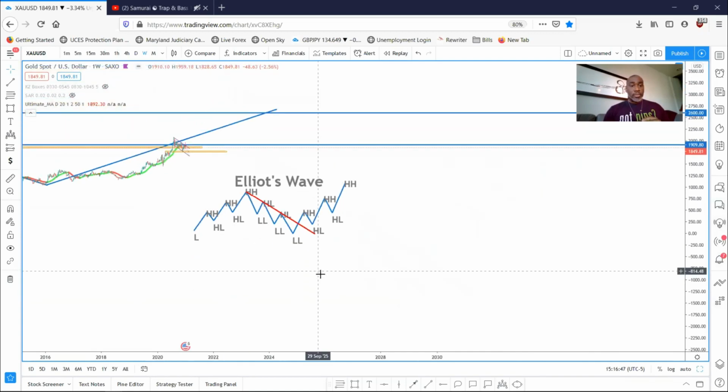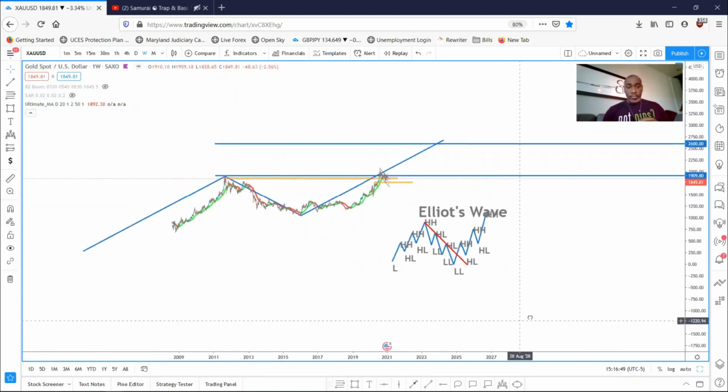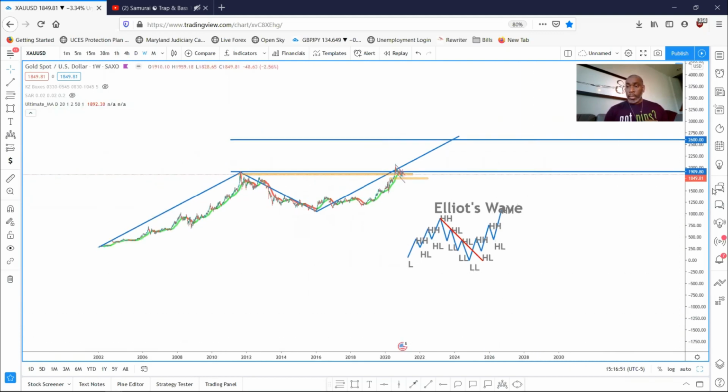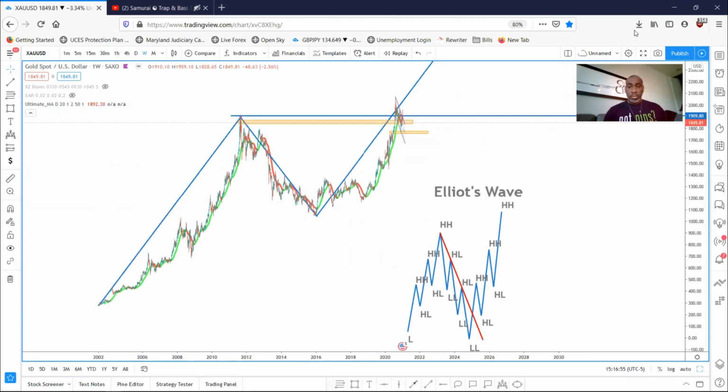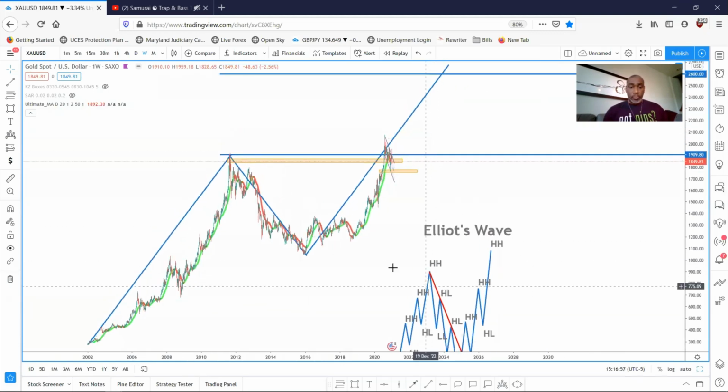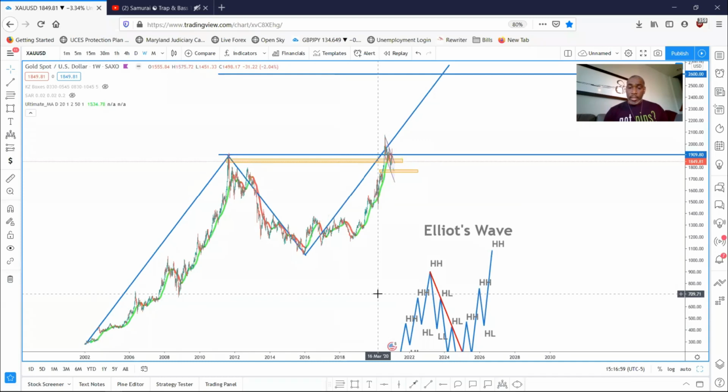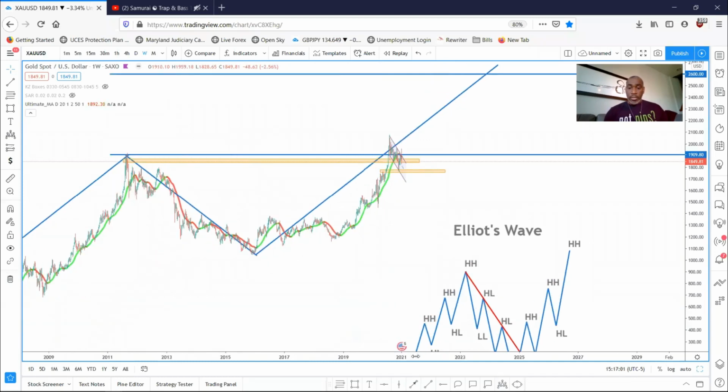Now, on a weekly time frame, okay, I've done some searching. All right. Now, just like the Elliott Wave, you see how you have leg 1, then 2, and then 3, 4, and then 5, correct? You guys seeing that?